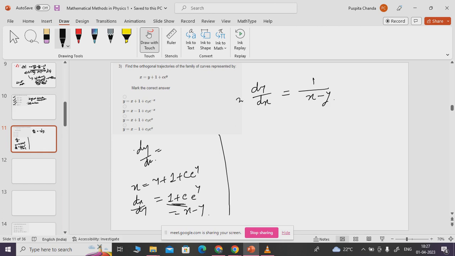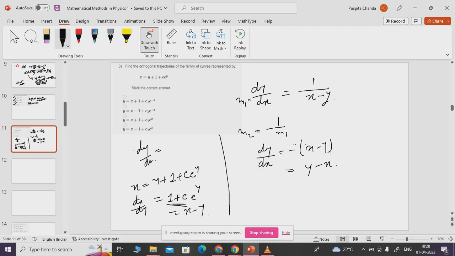For orthogonal trajectories of this family of curves, say it is m1, m2 will be minus 1 by m1. So for the dy dx, it will be minus x minus y, it will be y minus x.